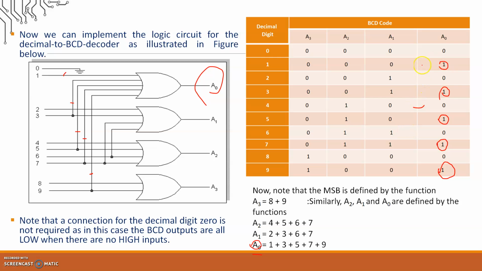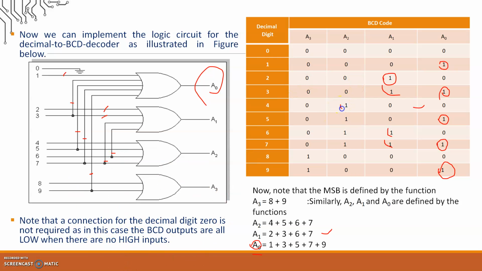Next, A1. A1 is connected with 2, 3, 6 and 7. Next, A2.